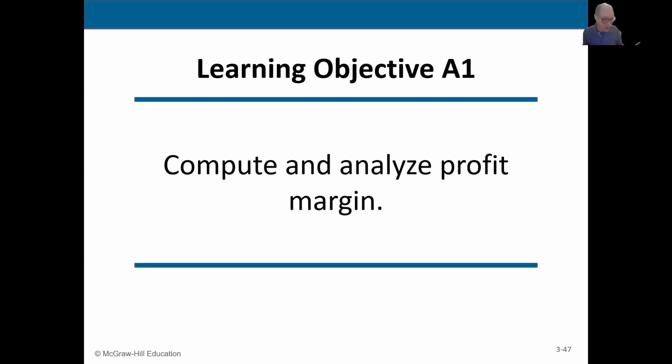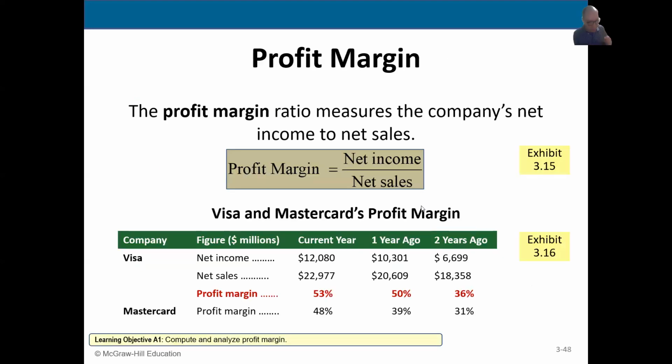Okay, that's why ratios are so important. And of course, once I've made the decision, I can adjust. One of those ratios is called the profit margin ratio. The profit margin ratio tells me the relationship between sales and profit, or net income.